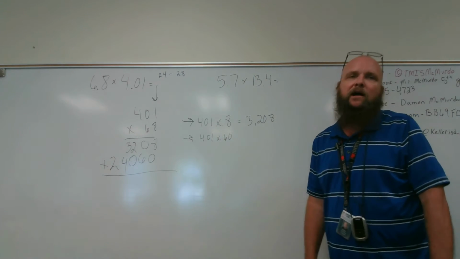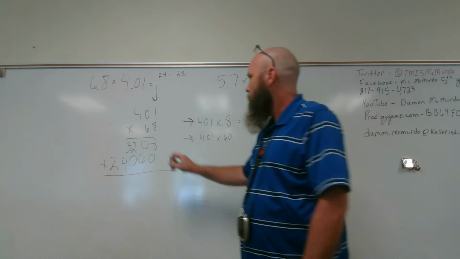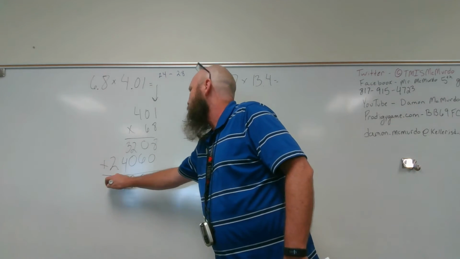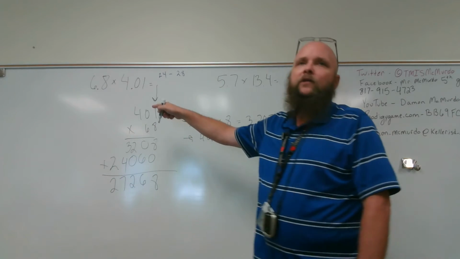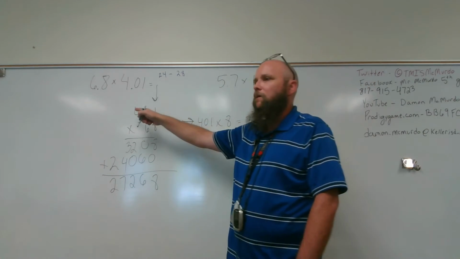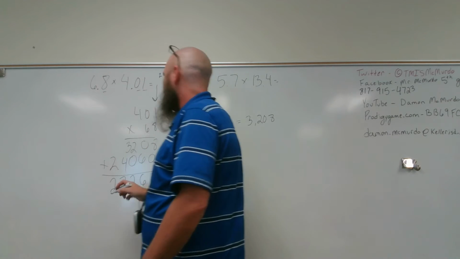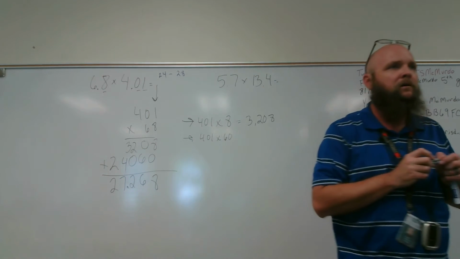I find the sum of these two products. 8, 6, 2, 7, 2. Then I go back and figure out how many numbers are behind the decimal point in the problem. 1, 2, 3. That needs to be how many are behind in the answer.